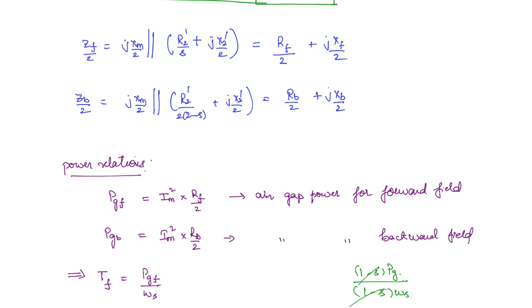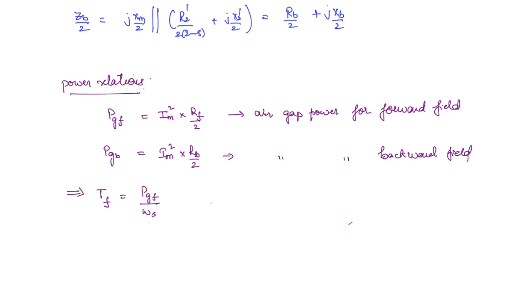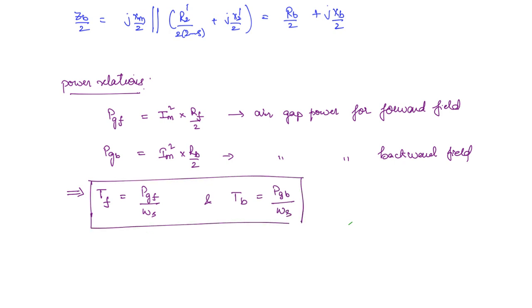So you are left with the air gap power divided by the synchronous speed. So for the forward rotating field we have PGF divided by omega s. And what about the backward torque, the torque produced due to the backward field? This is the air gap power due to the backward field divided by the synchronous speed. These are the expressions for the induced torque with respect to each of the fields.